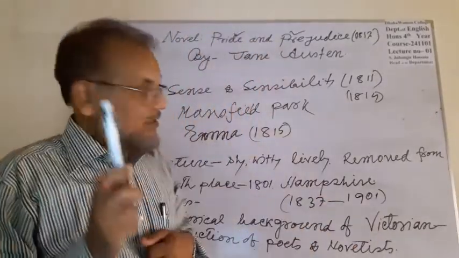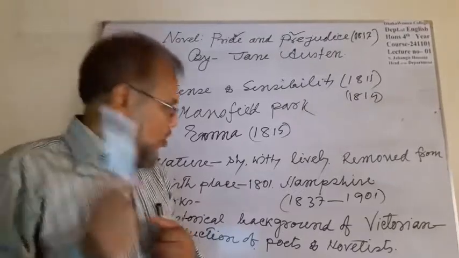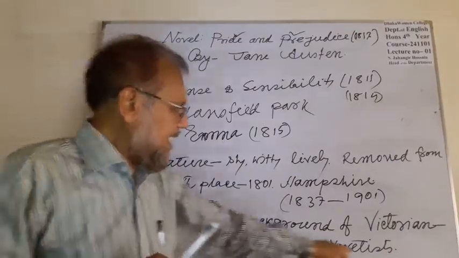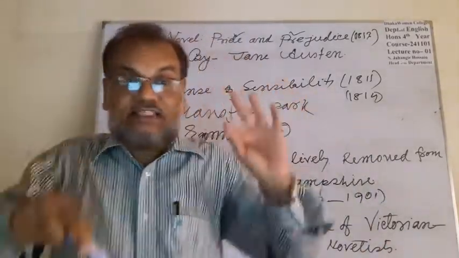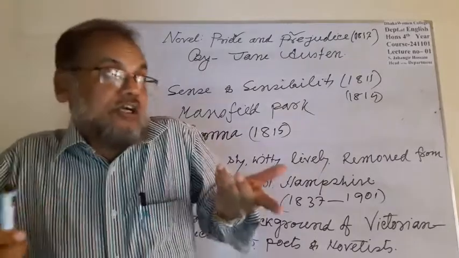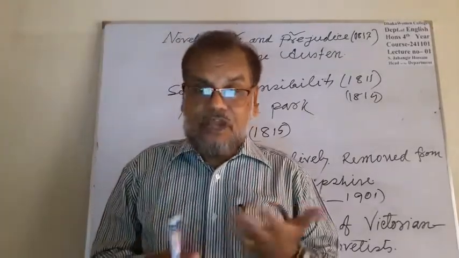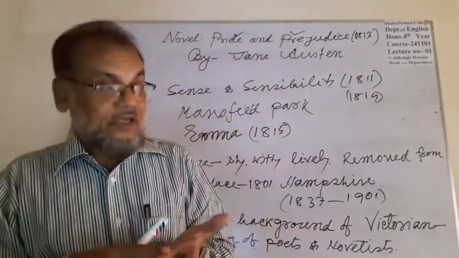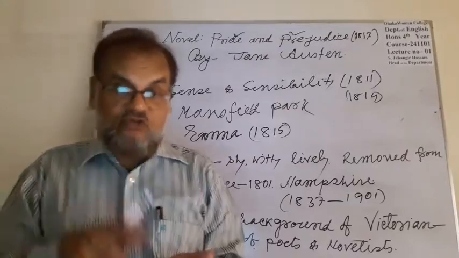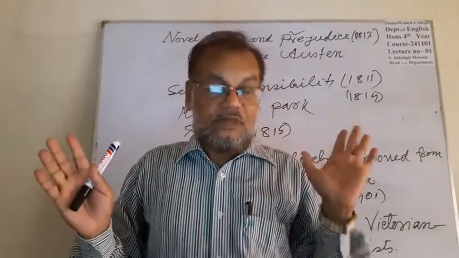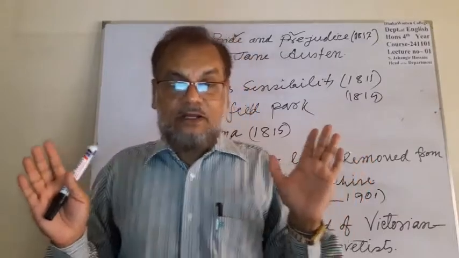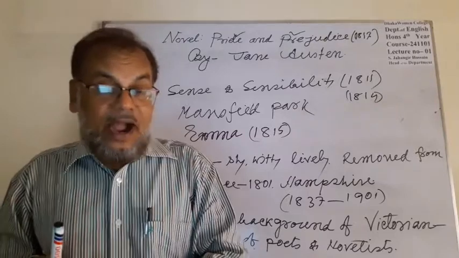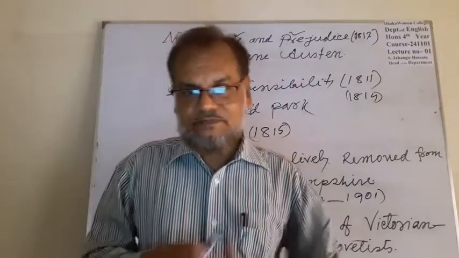So we can say the Victorian age is also a production of poets and novelists, remarkable not only for novelists but also for poetry. Alfred Tennyson, Robert Browning, Elizabeth Barrett Browning, Matthew Arnold, all are important poets of that time, and they tried to enrich English literature by giving their contribution.